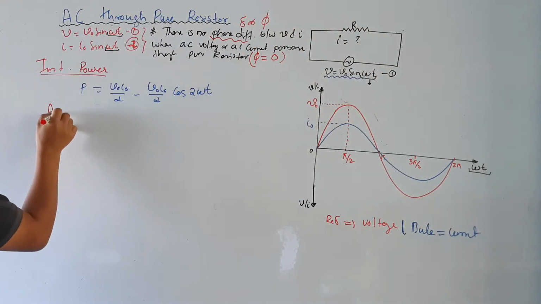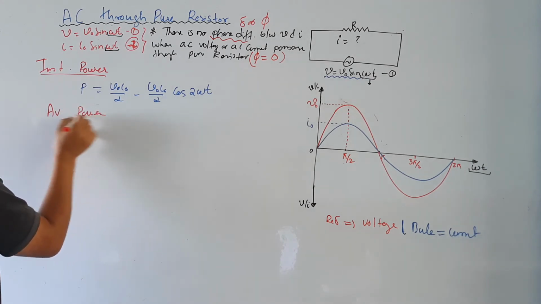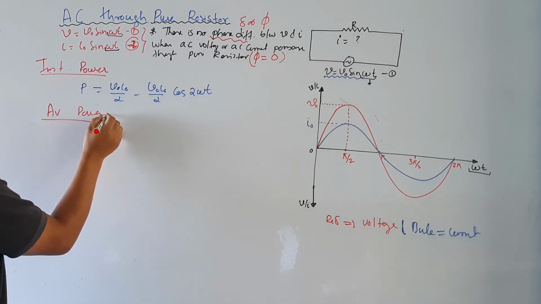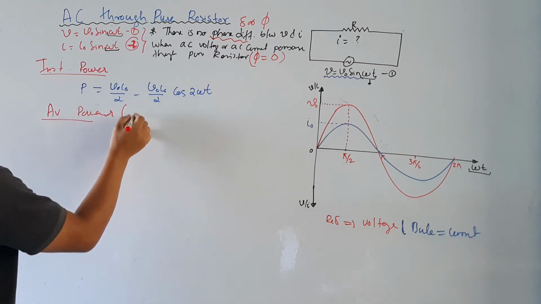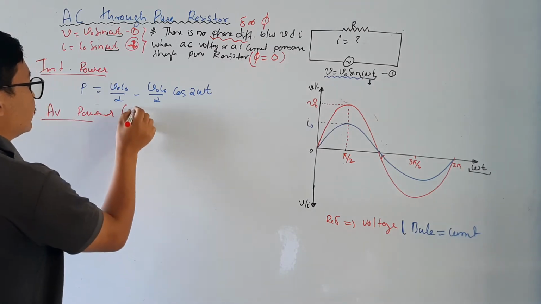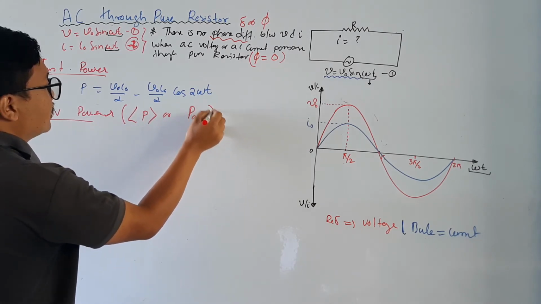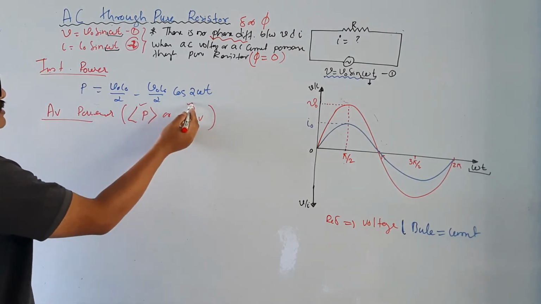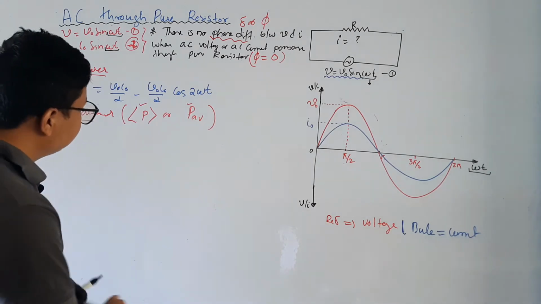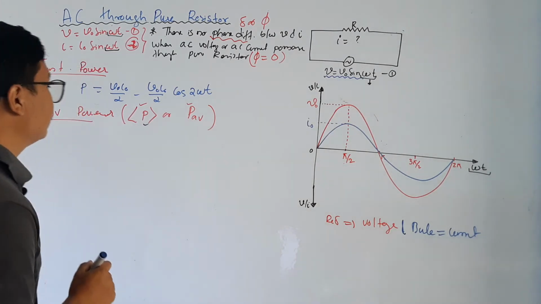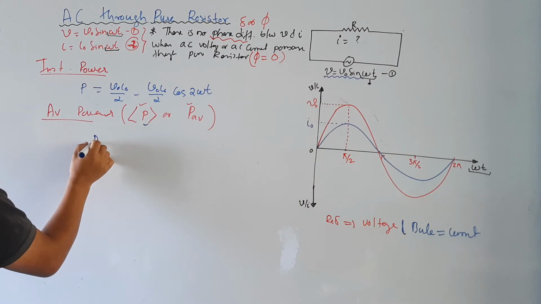Average power, please write it in full. How can we denote it? We can denote it by this bracket or P_AV. Both are the same, and I prefer to write it this way. So how do I get average power?